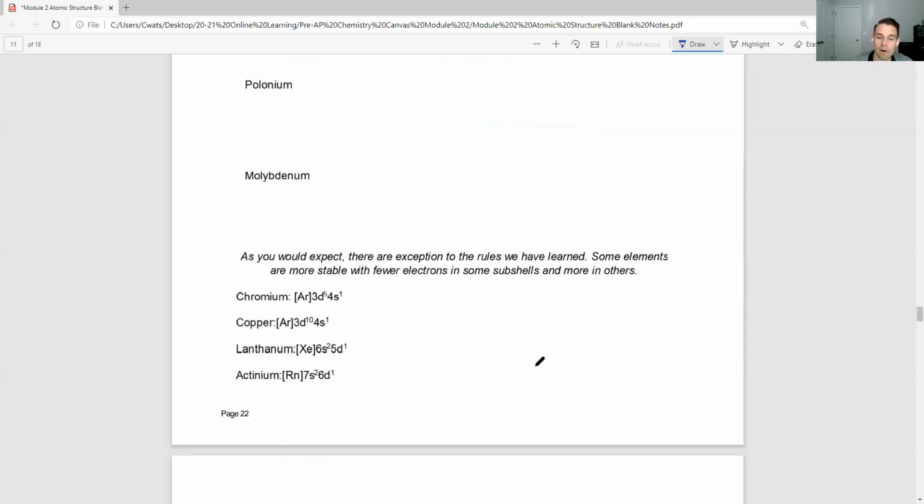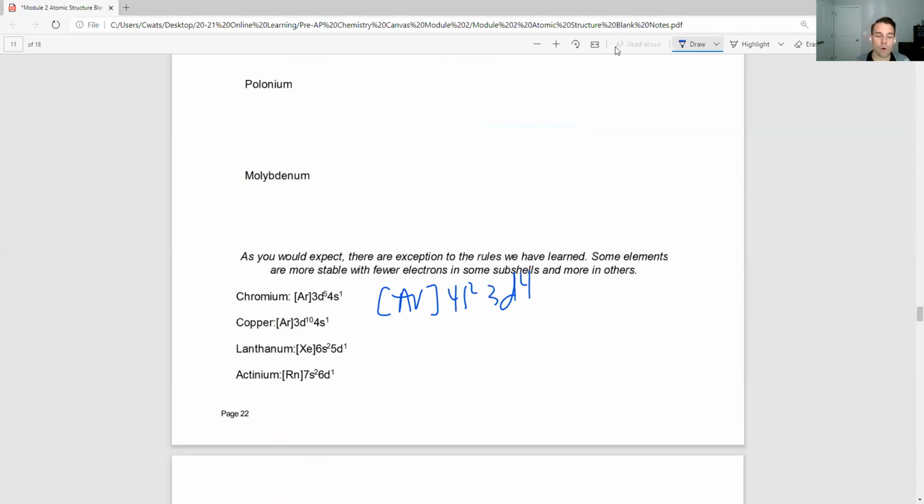There are some exceptions to the rules because there are always exceptions to the rules. Chromium, if you look at it, it should be 3d4, 4s2. So in reality, chromium is argon 4s2, 3d4.